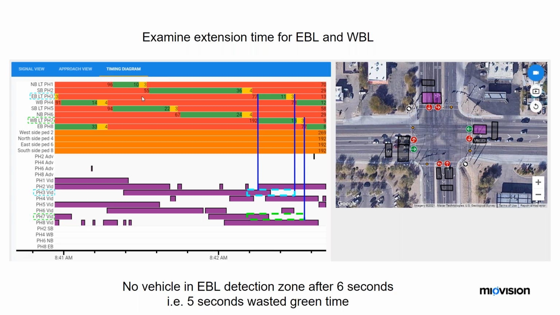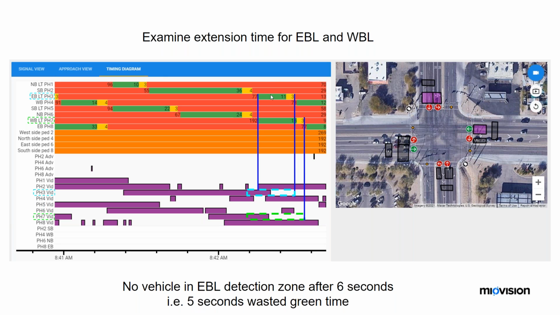You can see this eastbound left movement was actuated. So there was a vehicle in the detection zone, and because there was a vehicle there, it was called. That's a good thing. A phase should be called, right, if it's being actuated. So it was given the green, same with the opposing westbound left, they were both given the green.